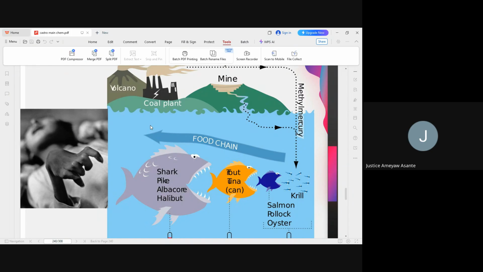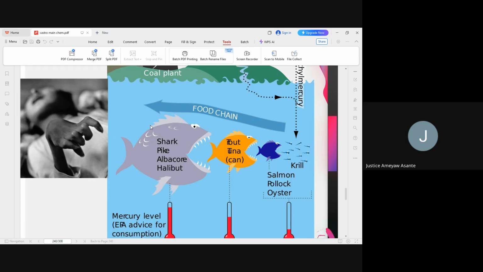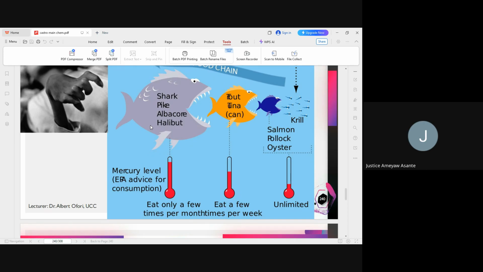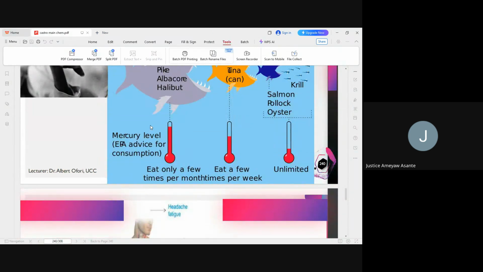Then clams, sharks, and other fishes also take them. And look at the amount. So salmon, pollock, and oysters are unlimited. So if you want, you eat only a few of the others.